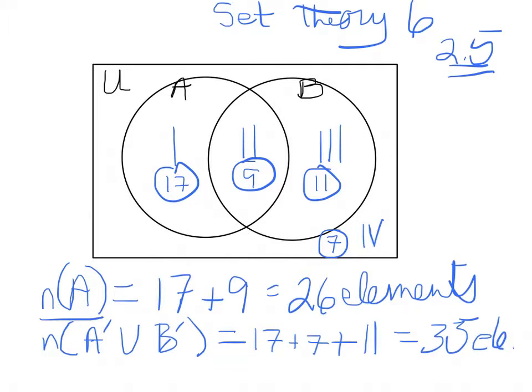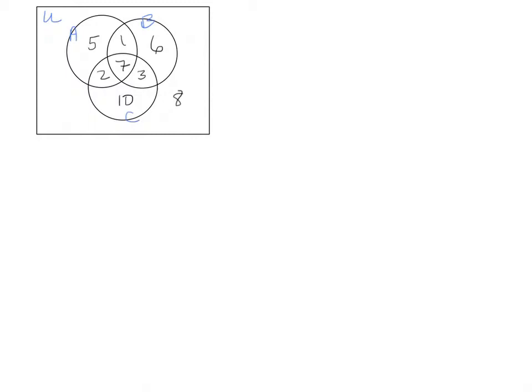Okay? So I'm going to show you one more example that's a little trickier, and you can kind of practice this. So here we are at the problem, and the problem says, how many elements are in set B and C, but not set A?